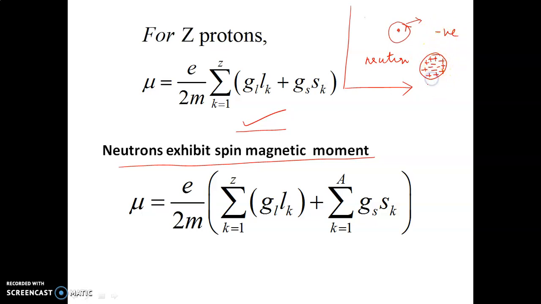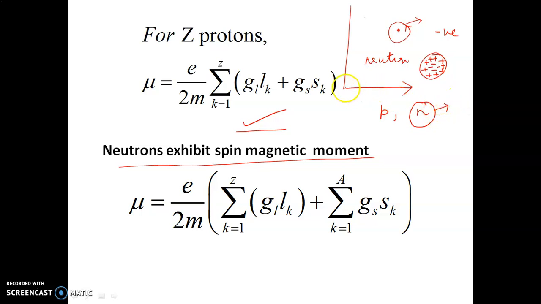Later on, when particle physics developed more and more, they came to the conclusion that neither proton nor neutron are actually truly subatomic particles. They must be composed of some other particles. That's why, even though it shows an overall neutral charge, it gives rise to a negative magnetic moment.